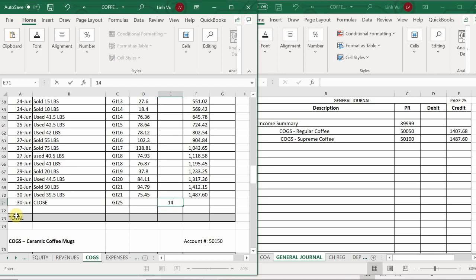For 1487.60, and that should bring your account balance now to zero.